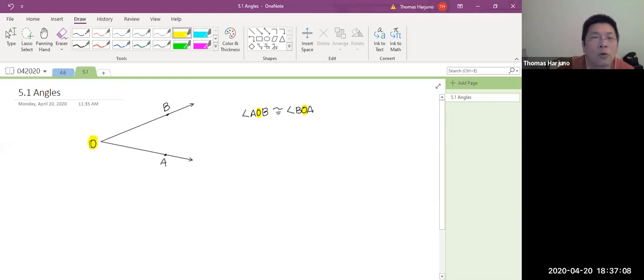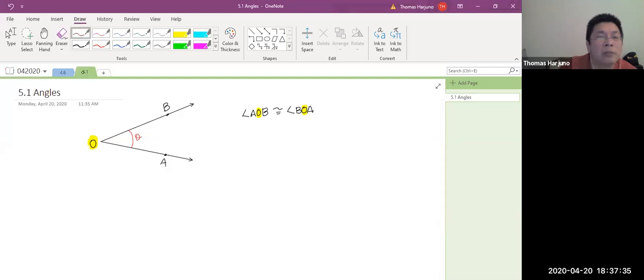Of course, we can also call this angle O, and sometimes we use a lowercase Greek letter, theta, alpha, or beta. Now that's for angle.